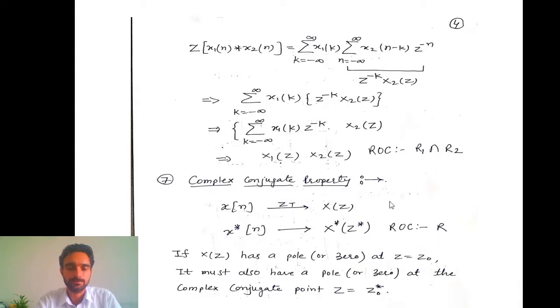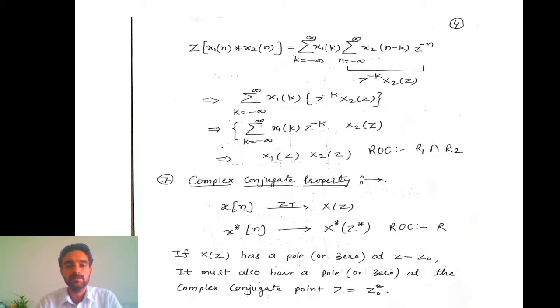Okay, next one is the complex conjugate property. What is complex conjugate? Complex conjugate means if we have some number a plus iota b, then the complex conjugate of a plus iota b is equal to a minus iota b. The real part will be the same, but there is a change in the sign of the imaginary part.